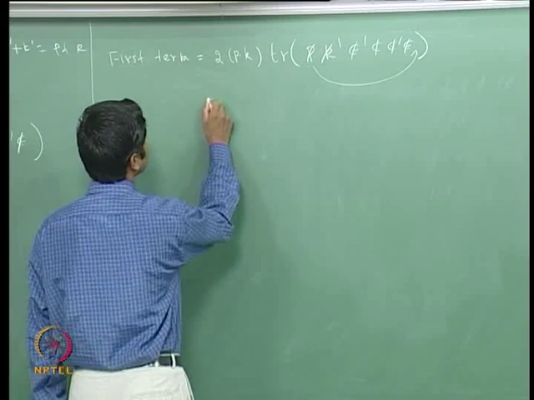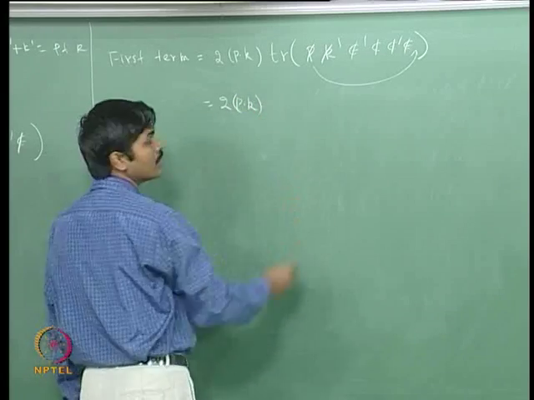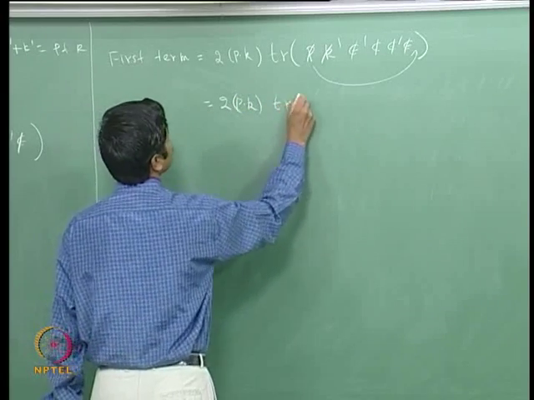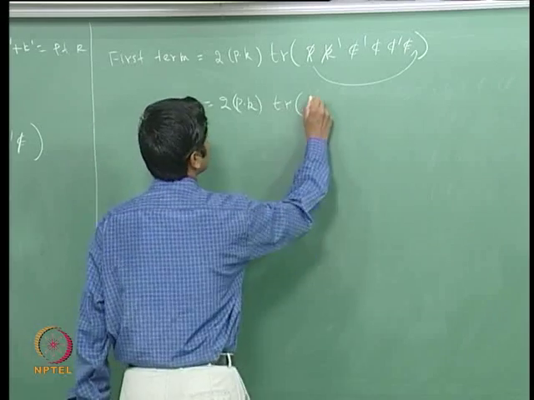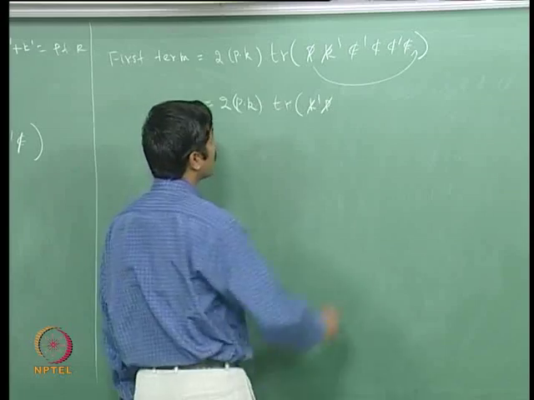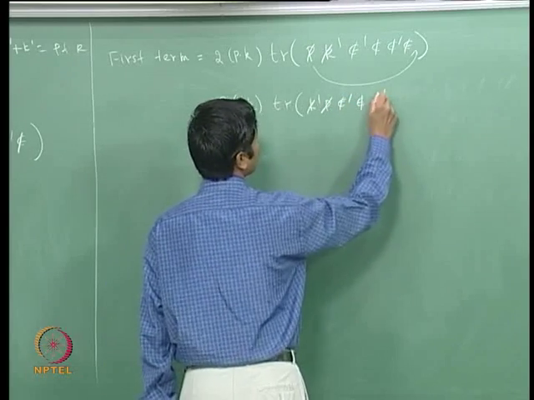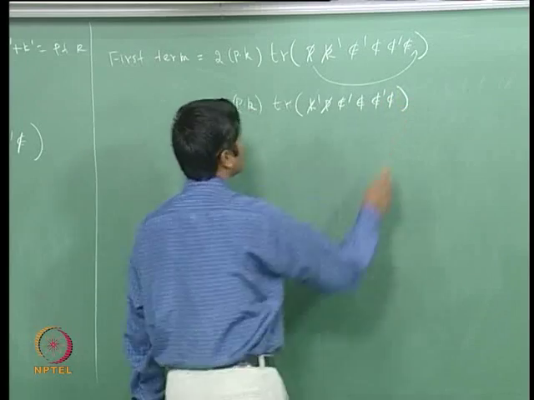So, this quantity itself is equal to twice p dot k trace of k prime slash p slash epsilon prime slash epsilon slash epsilon prime slash epsilon slash. Is this clear?